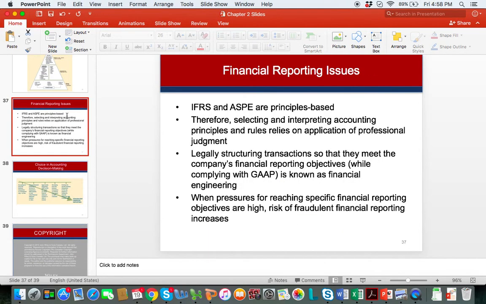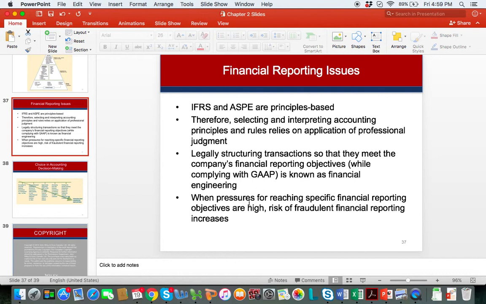So financial reporting issues. Remember, we're saying that IFRS and ASPE GAAP are principles based. So when we select and interpret accounting principles and rules, we rely on application of professional judgment. Legally structuring transactions so that they meet the company's financial reporting objectives is known as financial engineering, while complying with the generally accepted accounting principles.